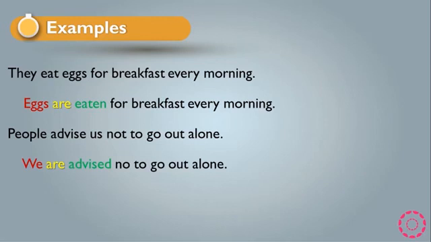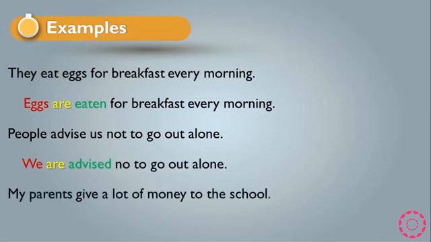We are advised not to go out alone. As you see here in these two sentences, the subject is missing when we change to passive. For example, in the first one we remove they, and in the second one we remove people.